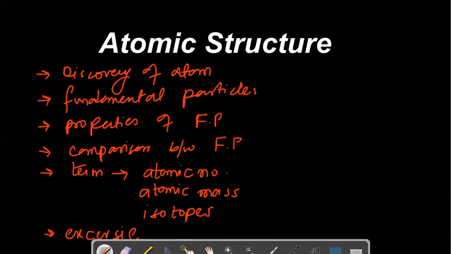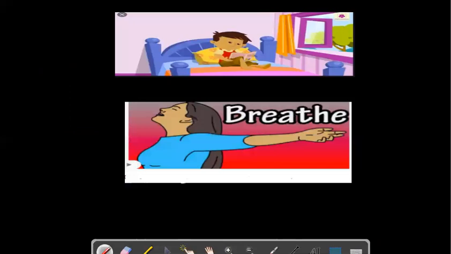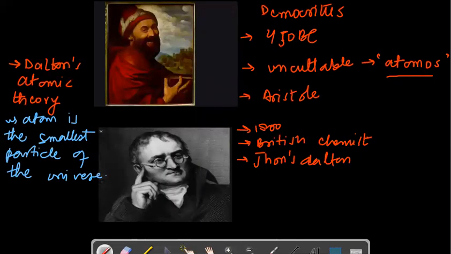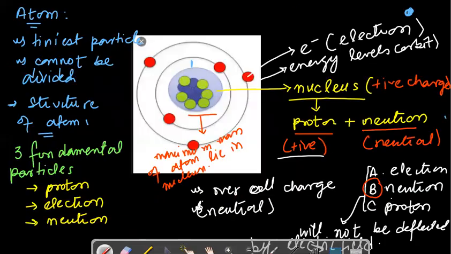After that, why the idea of Democritus wasn't accepted because of Aristotle, and that the word atom was derived from Democritus's word atomos, meaning uncuttable. Dalton performed various experiments and presented Dalton's atomic theory, which indicated that the atom is the smallest particle of the universe and every substance is made up of atoms. An atom consists of three fundamental particles: protons, electrons, and neutrons. Protons are positively charged, neutrons are neutral, and electrons are negatively charged.